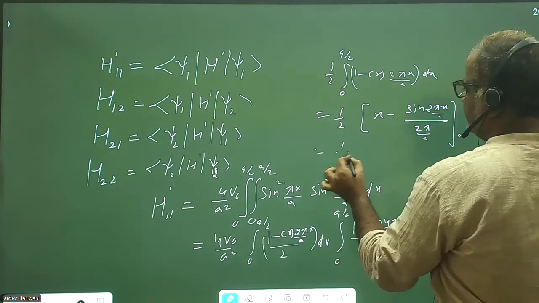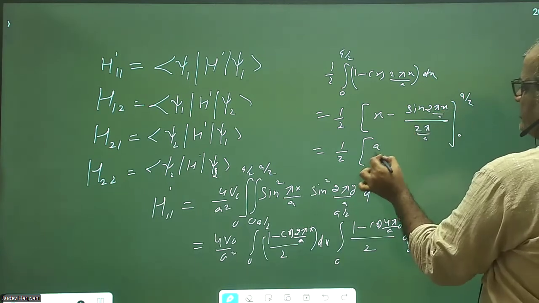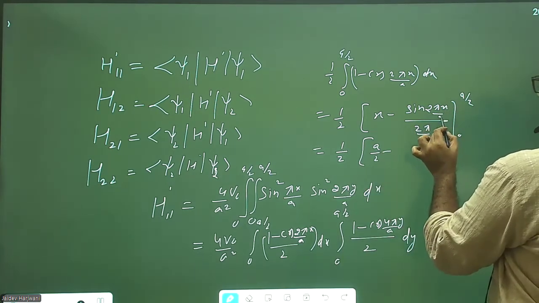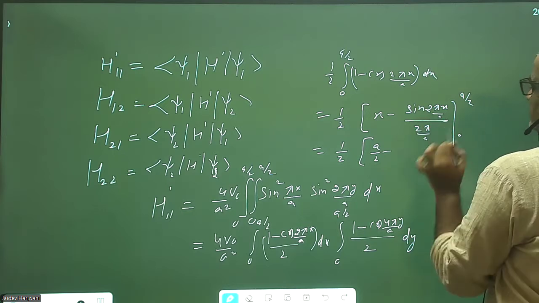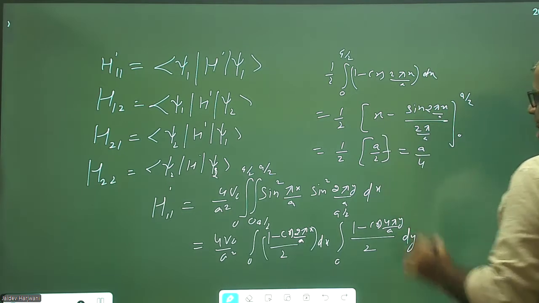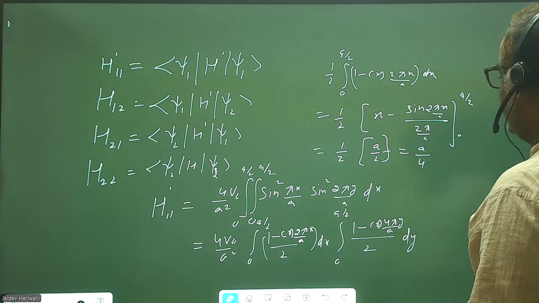So this gives me 1 by 2 times x minus a upon 2 pi sine 2 pi x upon a, with limit 0 to a by 2. If you put x equal to a by 2, this becomes a by 2 minus, the sine term is sine pi, which is 0, and at 0 it is also 0. So this gives me only a by 4.